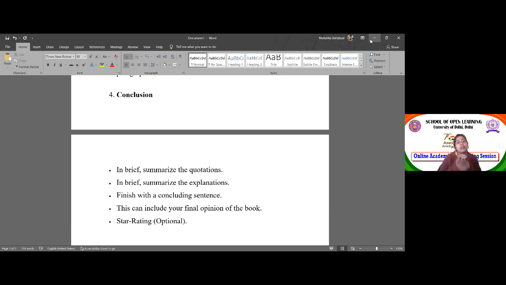Similarly, when you're writing a book review and you have spent time with the book, you have not just read the book but have also done background research on it, have spent time in understanding where the book is coming from, have compared it to other books, the more time that you spend on it, the better and more refined your review is likely to be, and the more honest and informed it will be for the readers who read it. So this is the best tip that you can take for a book review.